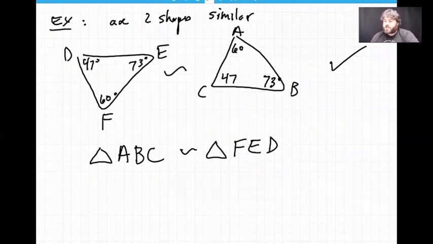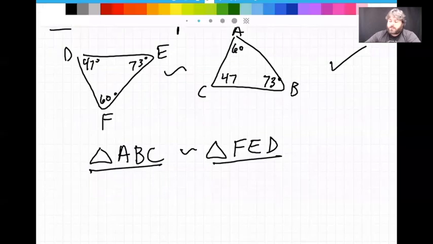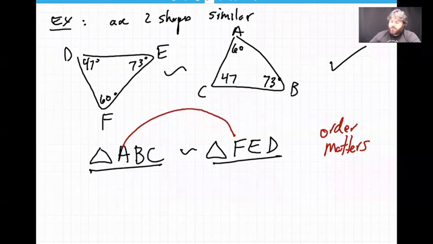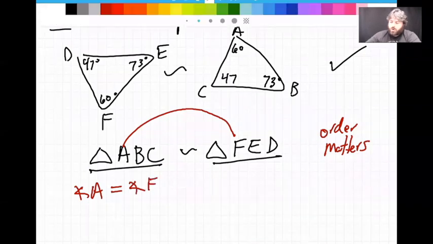When you write a similarity statement like this, it means a lot. This thing is packed full of info, and the order matters, because if you put it out of order, you're going to be misleading yourself. What this says is that A and F are congruent, so angle A is equal to angle F. Technically, I should be using the word congruent.